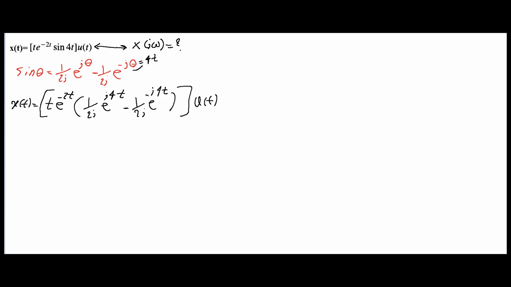Now let's simplify this expression. We factor out 1 over 2j.